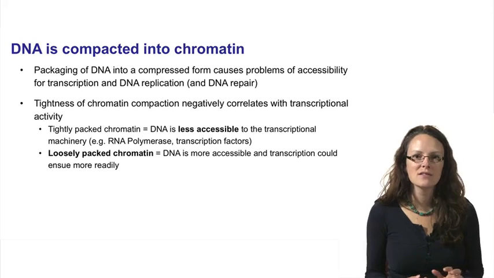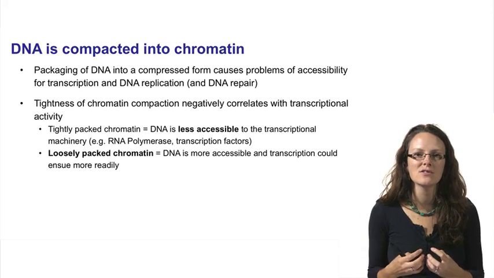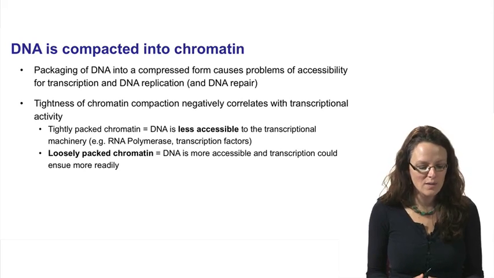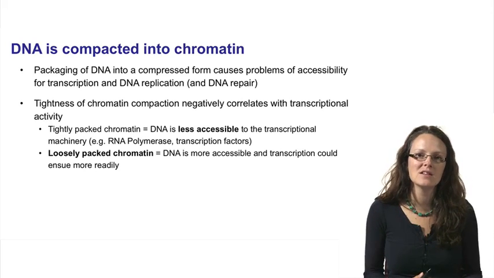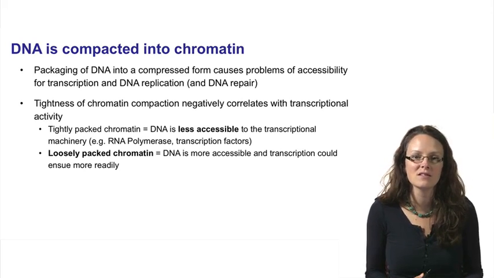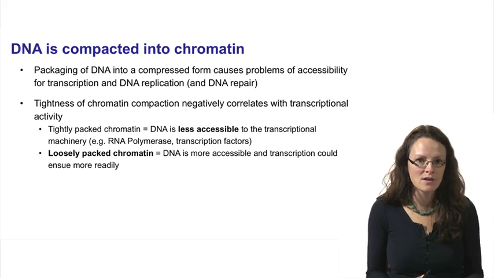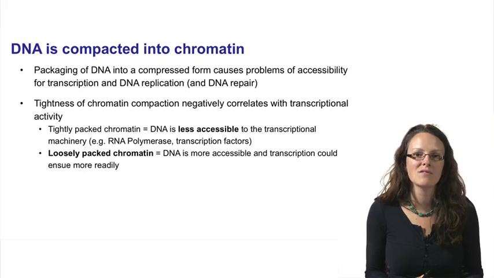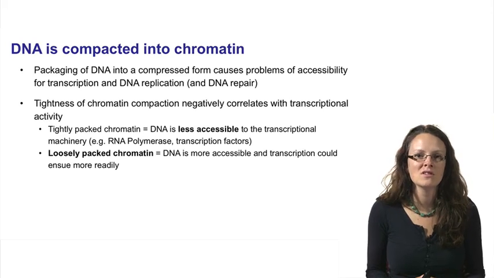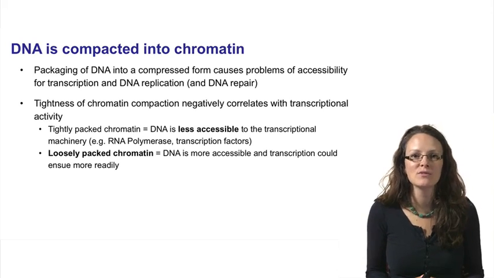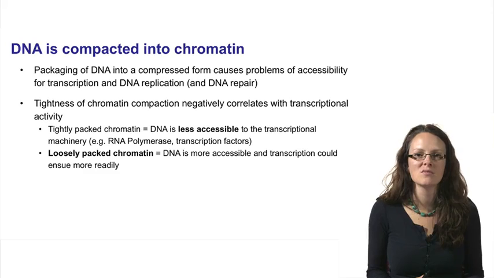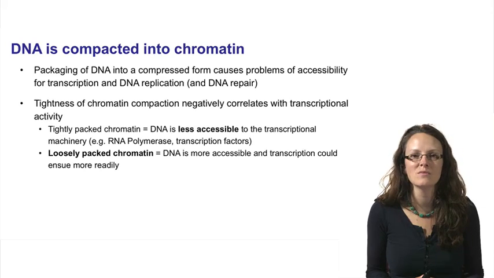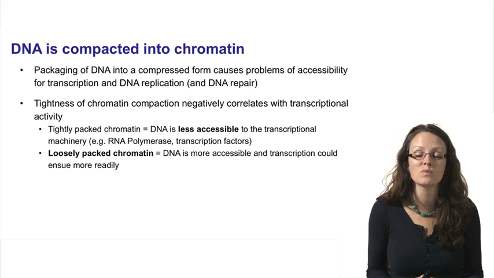So how tightly packed the chromatin is, how tightly packed this DNA and histones are, relates to the accessibility for these transcription factors and the RNA polymerase. The general rule to think about is that if the DNA is tightly packed around the histone proteins, so the chromatin is very tightly packed, then it's inaccessible to the RNA polymerase and the transcription factors, and so it's less likely to be active or less likely to be expressed.